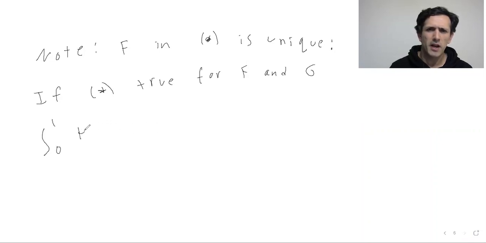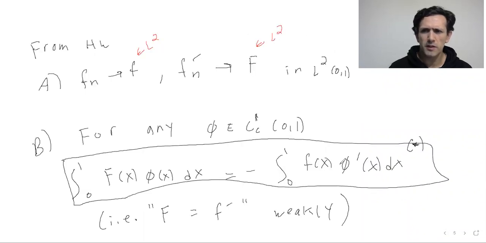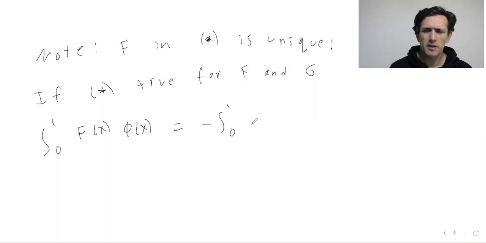We have f of x, phi of x. Well, we're assuming it's going to be this here, F of x. And we're assuming we have two functions, big F and G, that satisfy this.